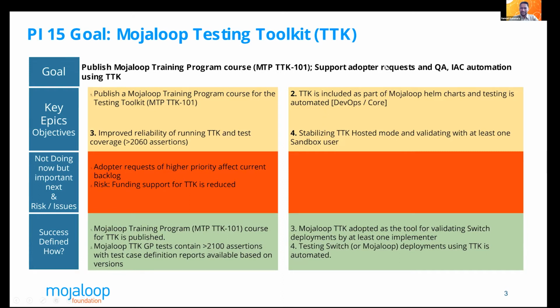The testing toolkit is indeed part of the Mojo Loop Helm charts, and we have Helm test features available, which automatically test along with post-install hooks that were provided earlier. The reliability and coverage is also increased, which I will cover. And then the hosted mode we will cover as well. So we were able to achieve all of these, and we'll now go into details later on.